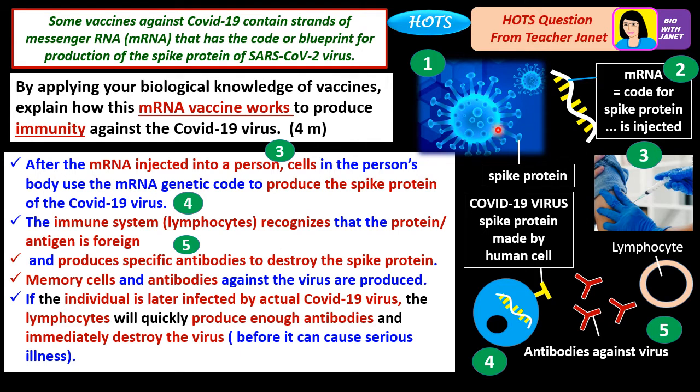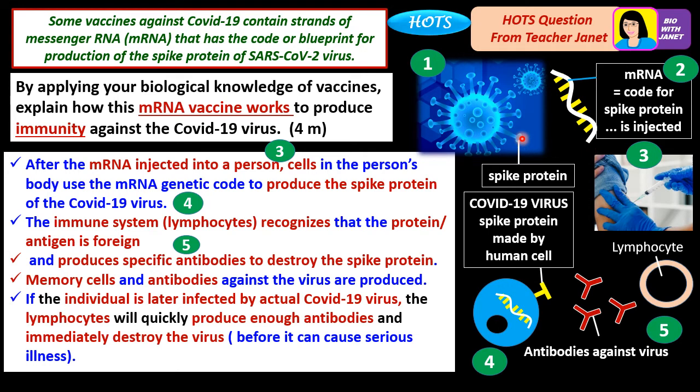So this spike protein, the scientists have investigated the genetic material of the virus, and so they are able to come up with the mRNA that has the code for the production of this spike protein.